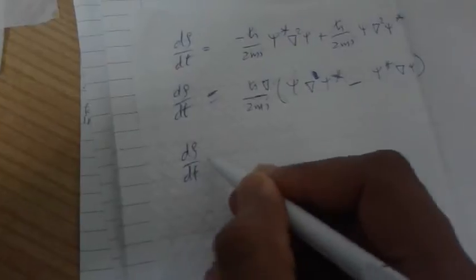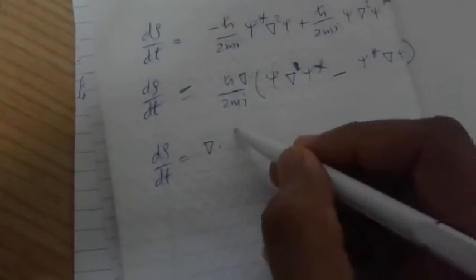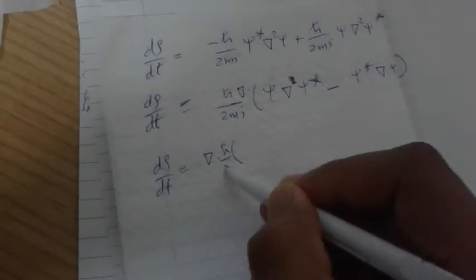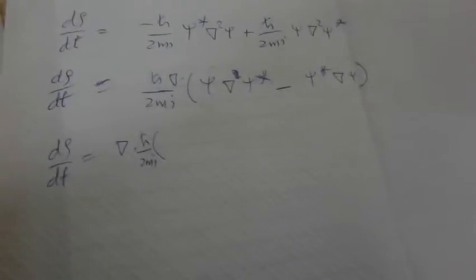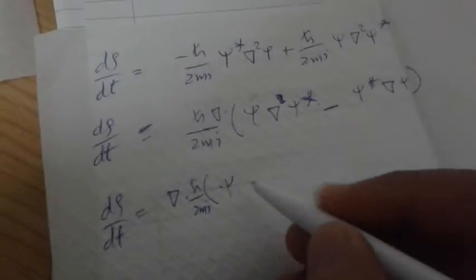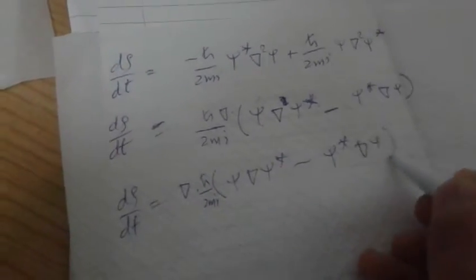D rho by dt is equal to, right here del, and h cut over 2m iota, and here the remaining term will be psi del psi star minus psi star del psi, and all of this is current density J, del dot J, and if we take this del dot J to the other side of the equation, it will become d rho by dt minus del dot J is equal to 0, and this is called the equation of continuity.